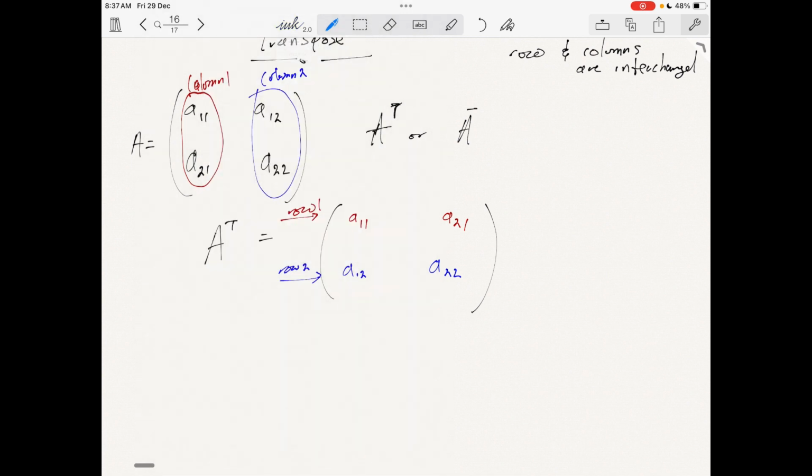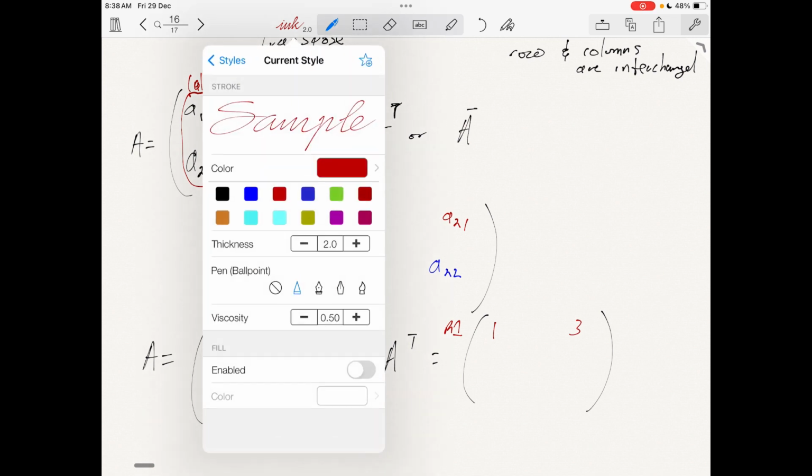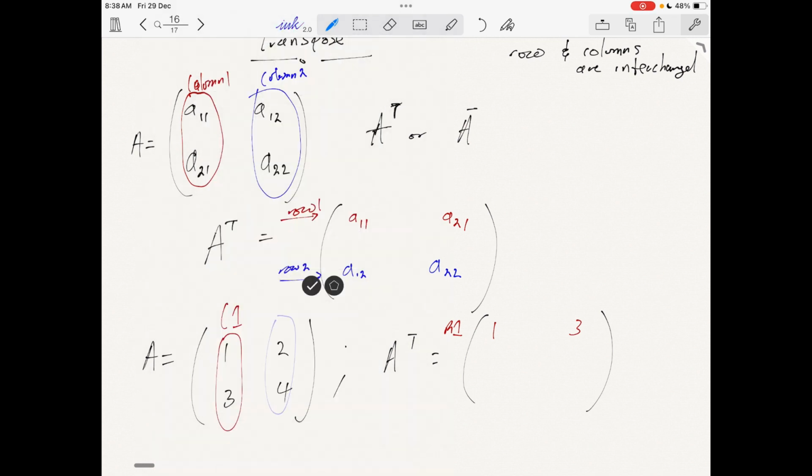Let's say we have A to be 1, 2, 3, 4. So our A transpose: we change the first column, column 1, to row 1, that's 1, 3. We take the second column, column 2, and change it to the row, because the rows and columns are being interchanged. That is 2, 4.